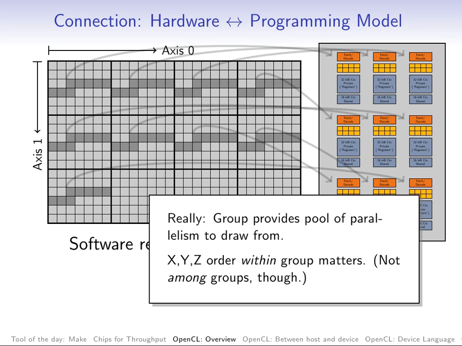And the actual 2D or 3D structure of this doesn't quite matter. So in the performance part, we'll get to where something from the lower level shows through, in the sense that these guys execute together, and there's some way to use that fact.